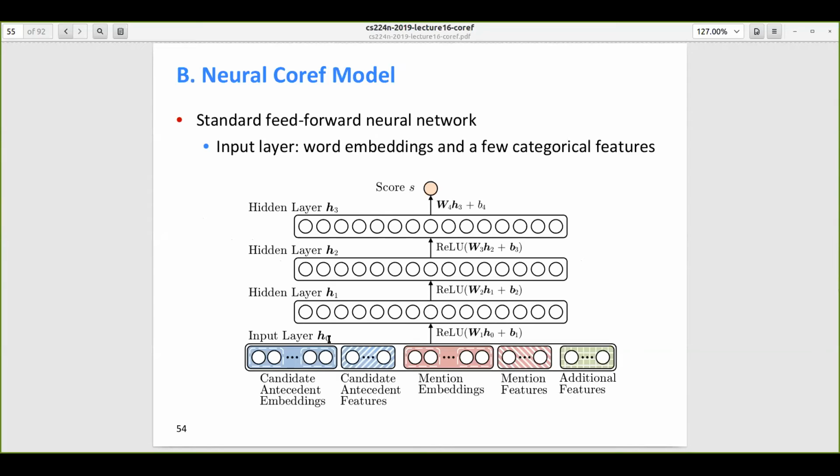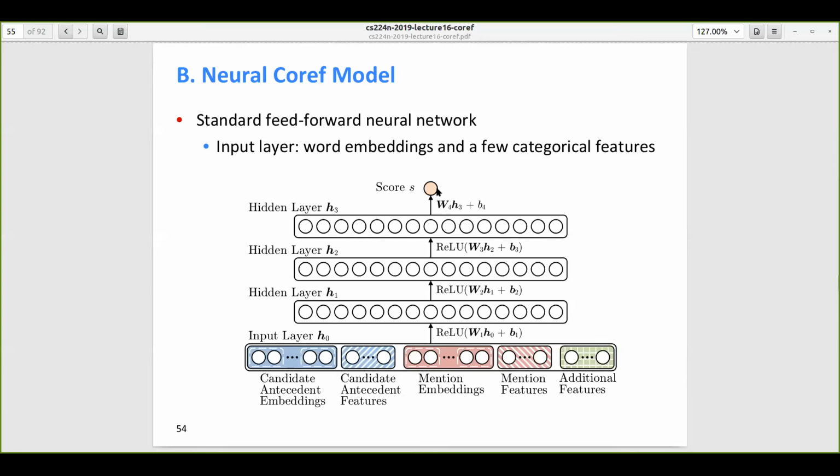So when it comes to coreference models, just like any other neural network model, we get started with the embeddings. We have embeddings for mentions, and we have embeddings for candidate antecedents. Once we have all these embeddings, we pass them through some sort of neural network, which would generate the scores for us.